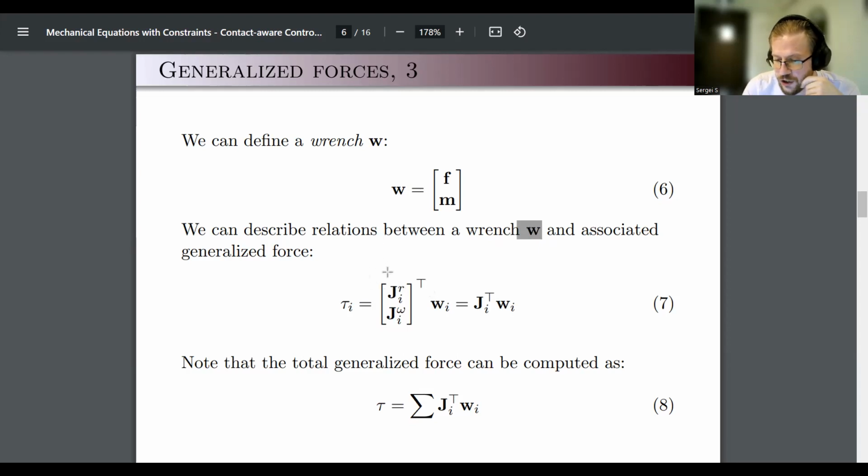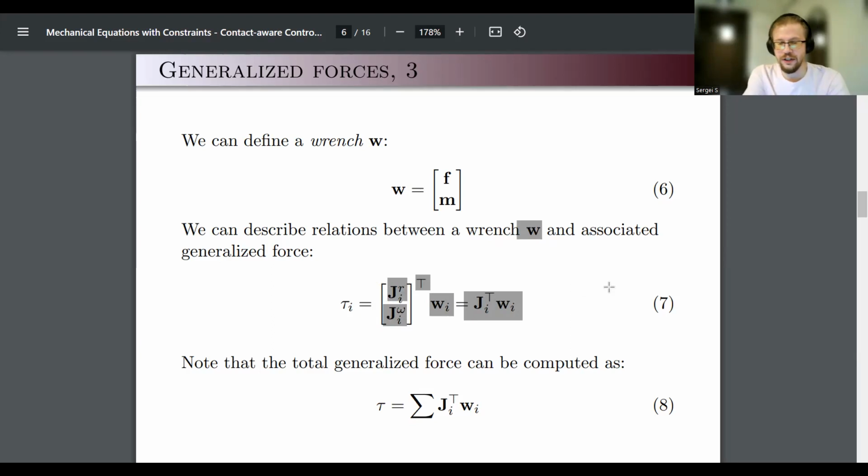And that is essentially just take two Jacobians, concatenated, transposed, multiplied by this wrench. Or here we just define one, we drop the superscript, and we get just one J sub i transposed times wrench.